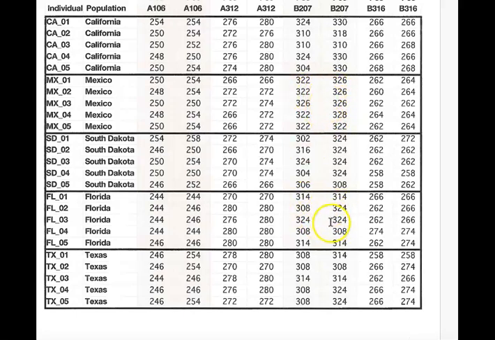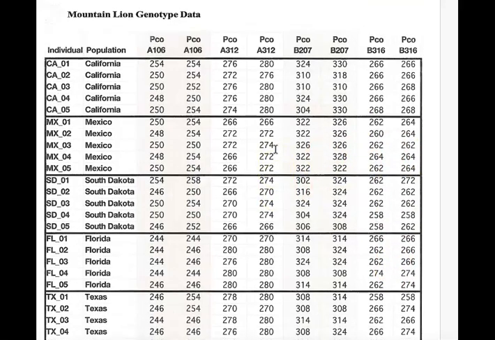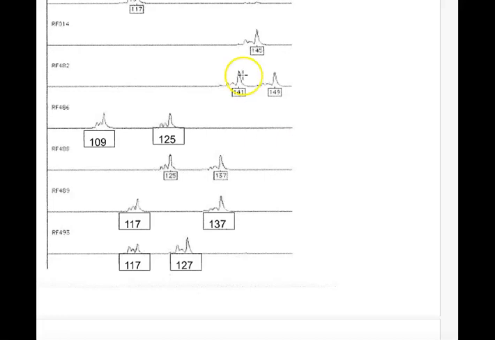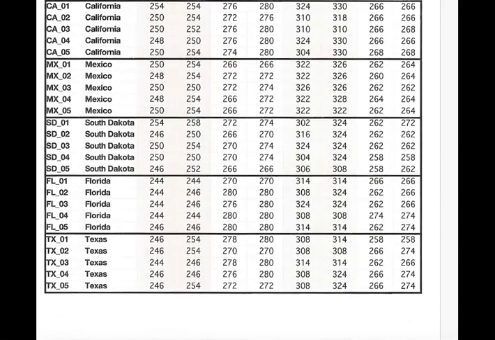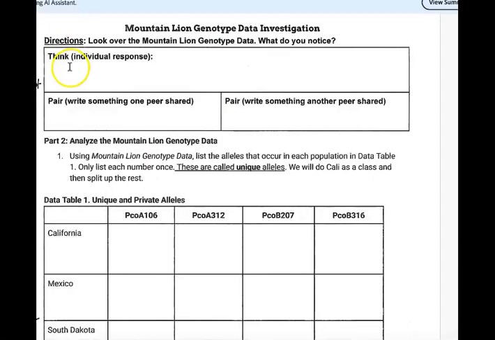There are no 320s down here in Florida. And in the last one, this is like 262 basically and 264. And this goes basically from 262, but it's 266, 274. So these are the most diverse. That's kind of hard to look at, so we're going to go back here.